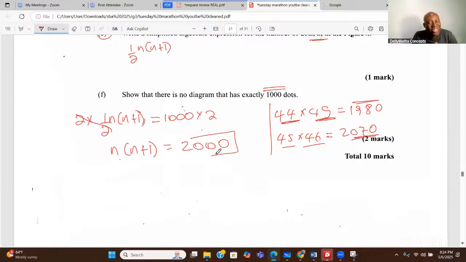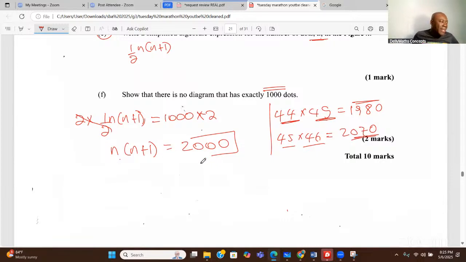This is problem solving investigation, and you explore the idea. The key concept in this question is to understand that two consecutive numbers multiply to give the dots. And if you can't find it, you could tell them that we can't find two consecutive numbers that multiply to give 2,000.